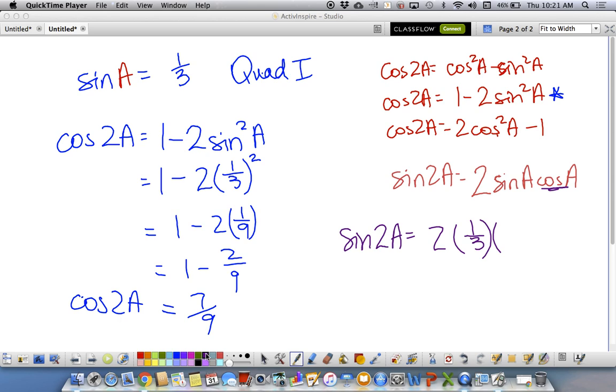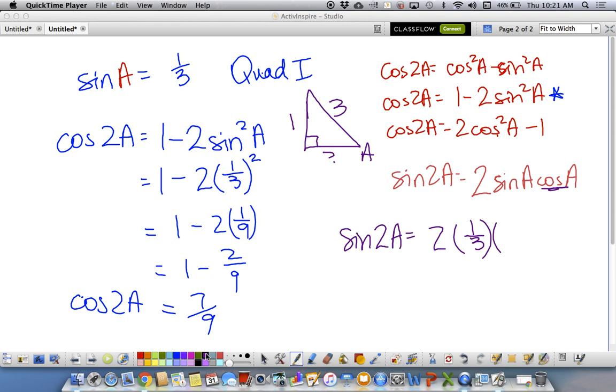You can use stuff from 5.1, 5.2, sine squared plus cosine squared equals 1. Jane Parsons says, no, please don't make me do it that way. She wanted to draw a triangle, where A, opposite over hypotenuse, is 1/3. What's this side?